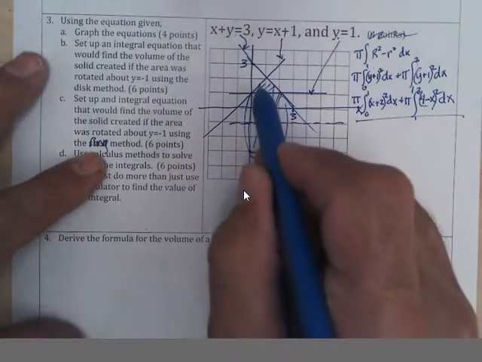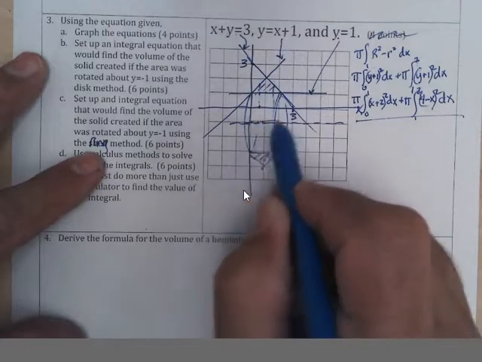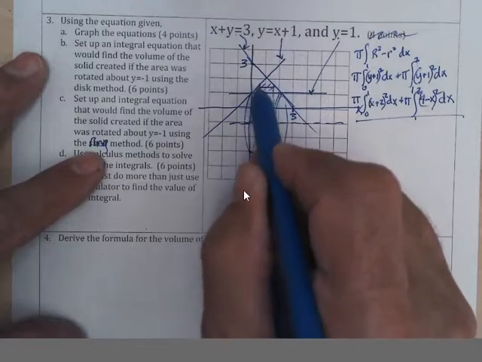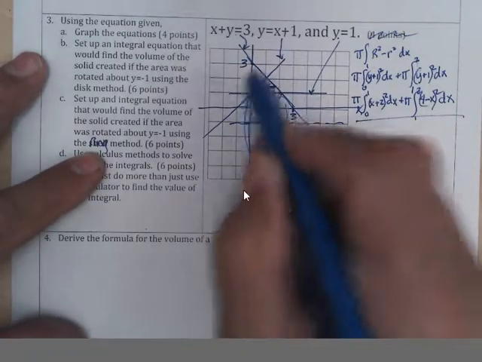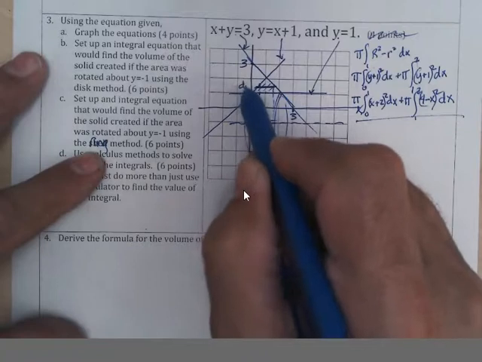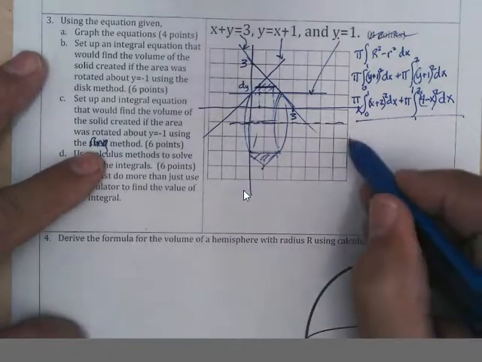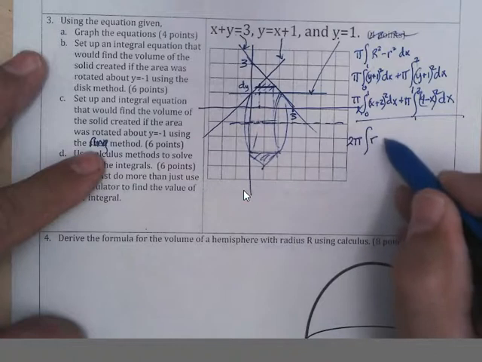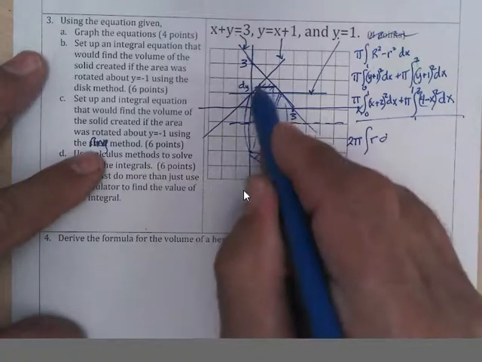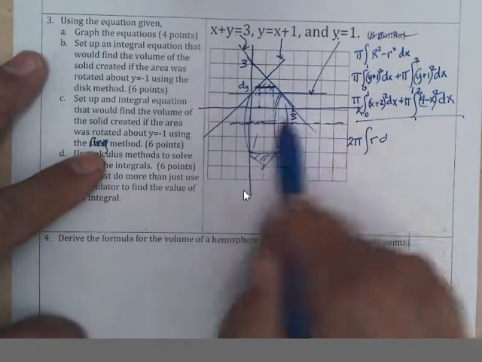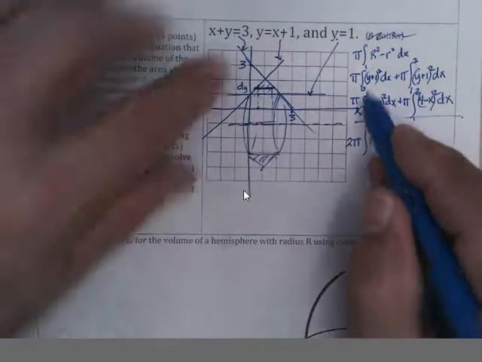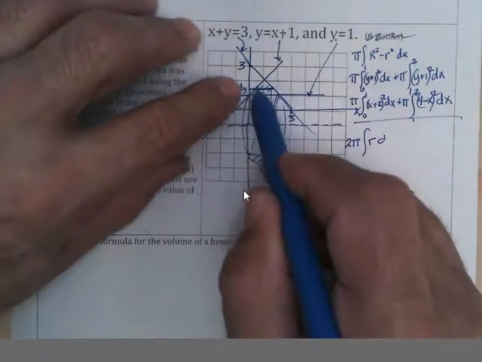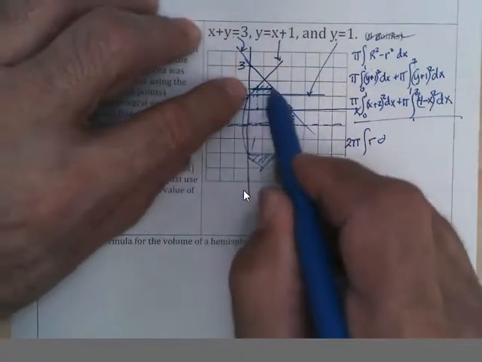So now we have to do rings, which means slice parallel to the axis. And so the thickness would be dy, and it's 2 pi r times the height, which is in that direction, which is going to be the difference in the two x's, the x from the one taken away from the x of the second.